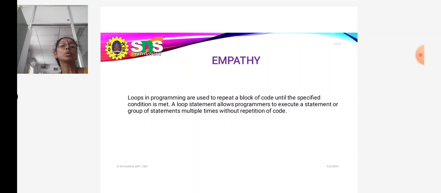Looping in programming is used to repeat a block of code until the specified condition is satisfied. The loop statement allows the programmer to execute a statement or a block of statements multiple times without repetition of the code. What are the disadvantages without looping?